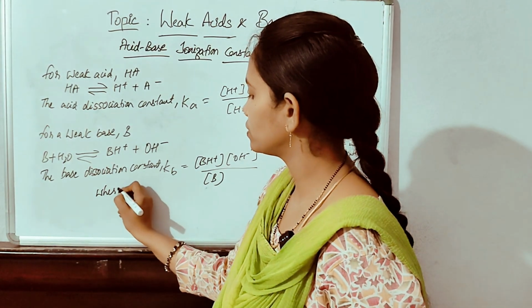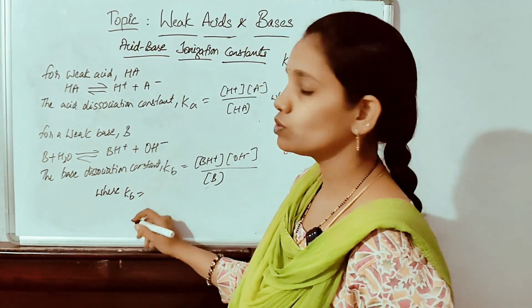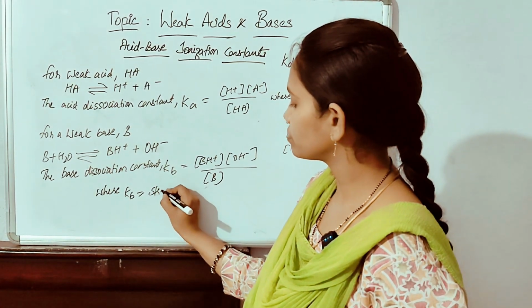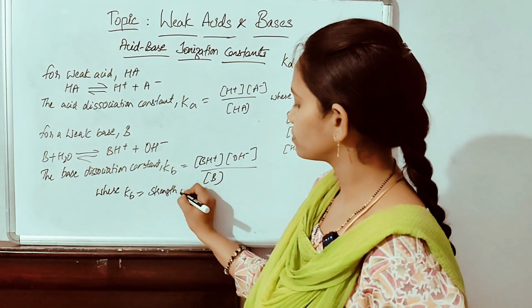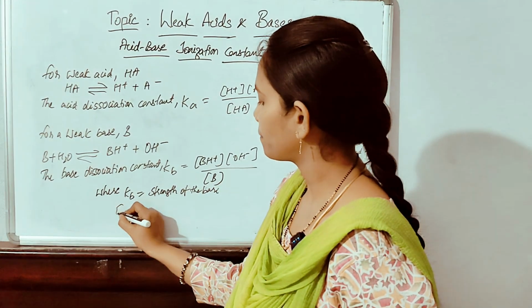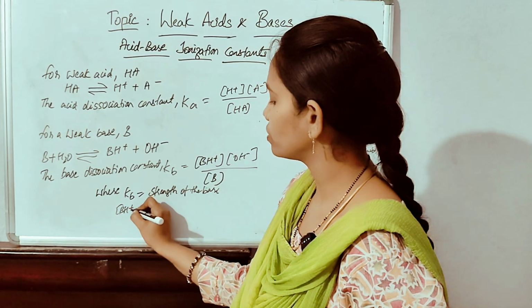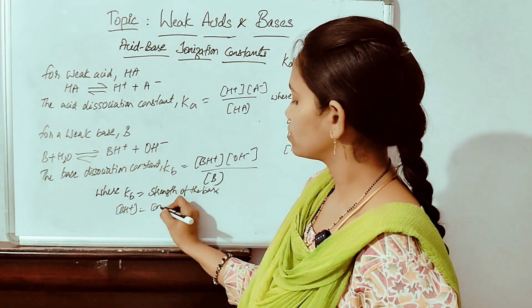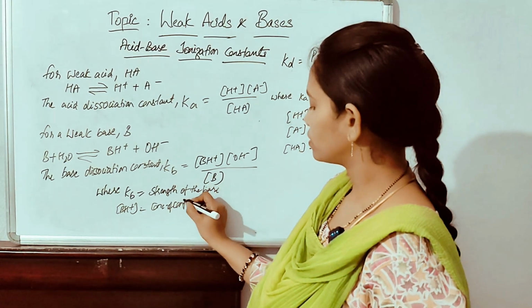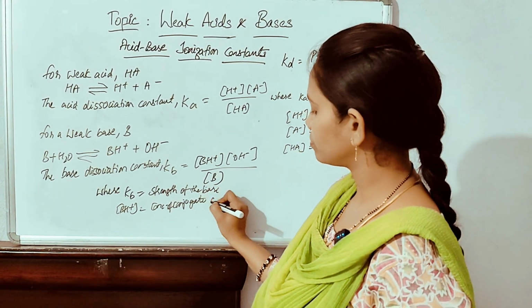where Kb is equal to the quantitative measure of the strength of the base. BH plus is the concentration of conjugate acid.